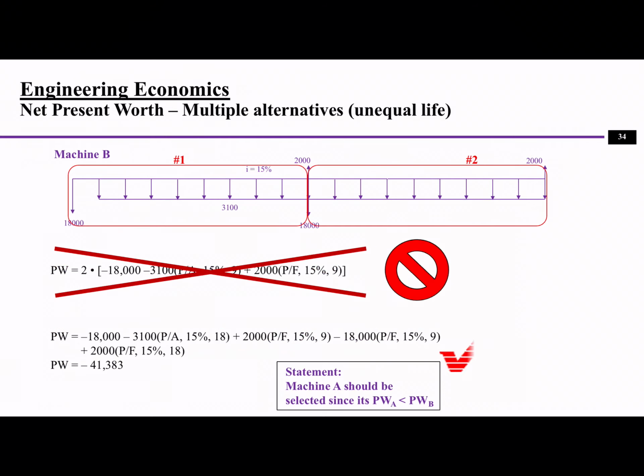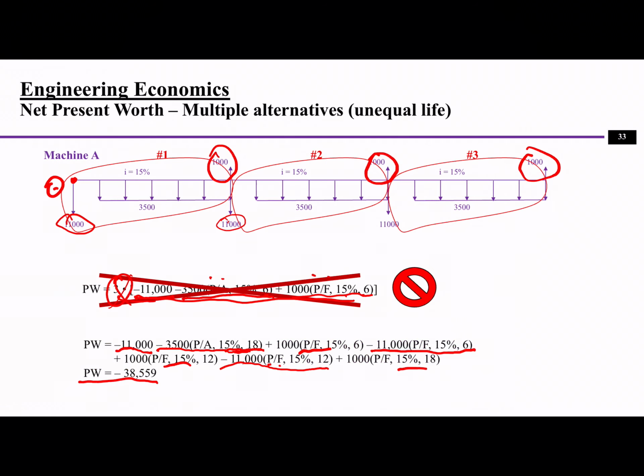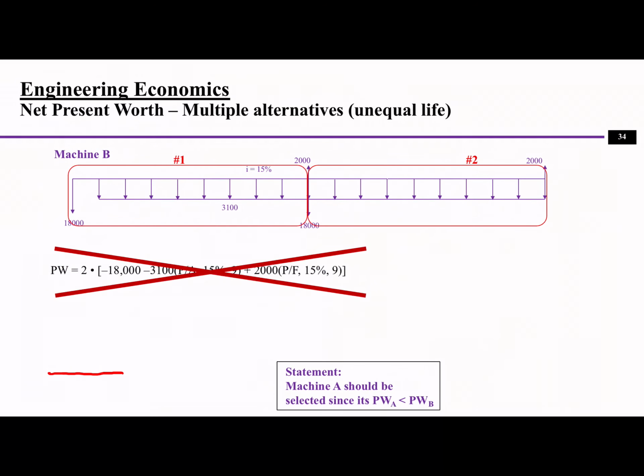Then for machine B, same. We cannot just simply multiply by 2, right? We have to convert everything back to 0, and after the calculation, we find that the present worth is 41,383. Compare the values here: this one is 38, the next one is 41.